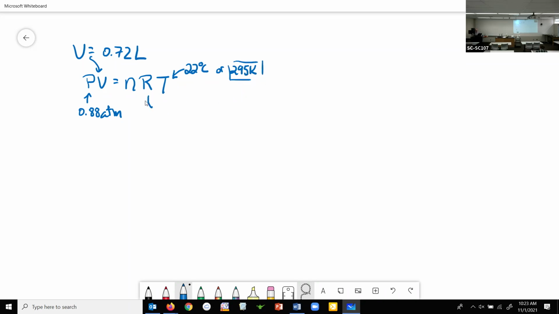And I'm telling you the value of R that ties this whole thing together is recognized by scientists as being equal to 0.0821 liters times atmospheres over moles times kelvins. You don't have to memorize that number. That'll be provided for you on the exam.